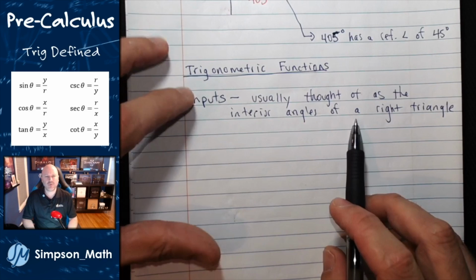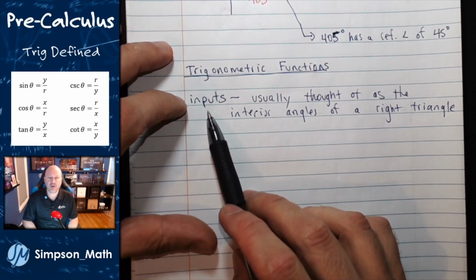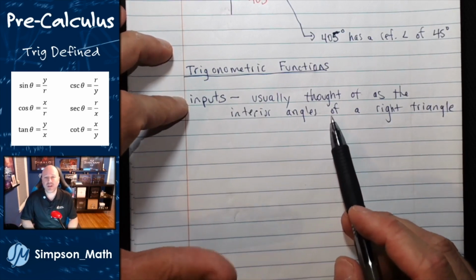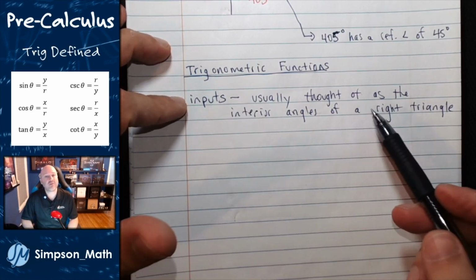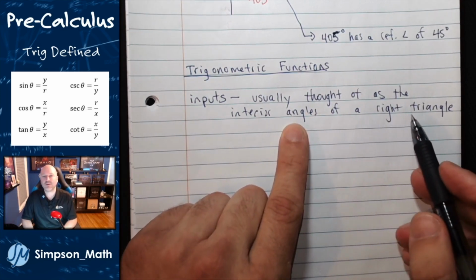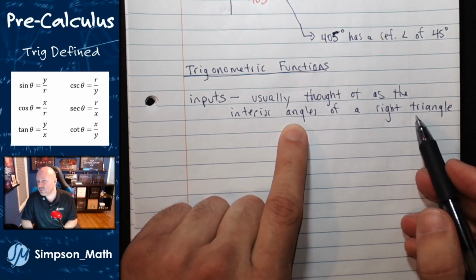If I asked you what would be a common input of a trig function, you might say something like 45 degrees. 45 degrees is an angle you can find in a right triangle, like 30 degrees or 72 degrees.